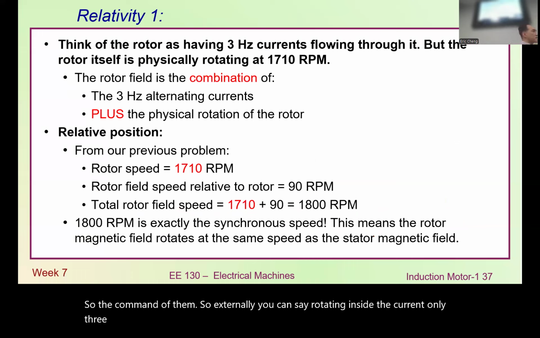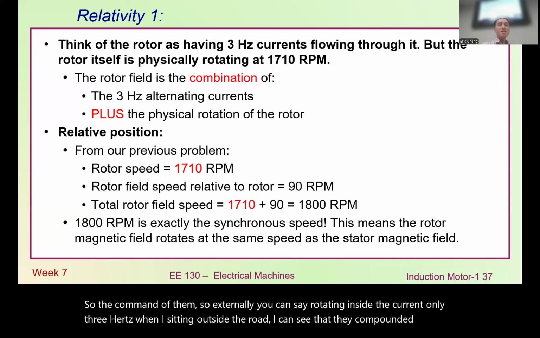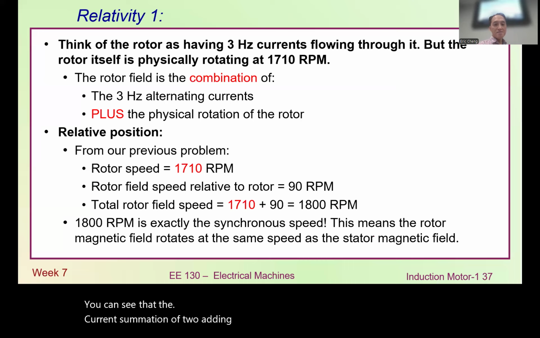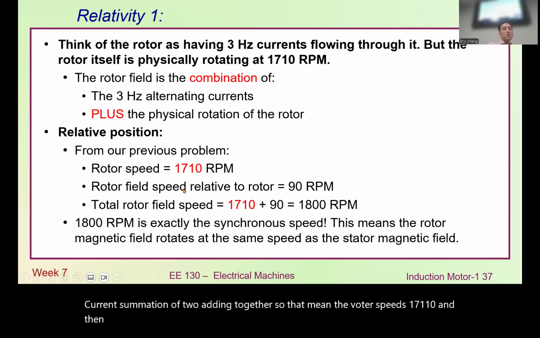When I sit outside the rotor, I can see they combine together, the rotor current being a summation of the two. That means the rotor speed is 1,710, and the rotor field at 3 Hz is equivalent to 90. Combined together, they will be 1,800.